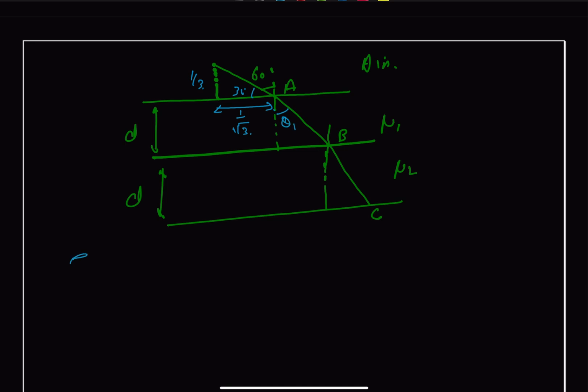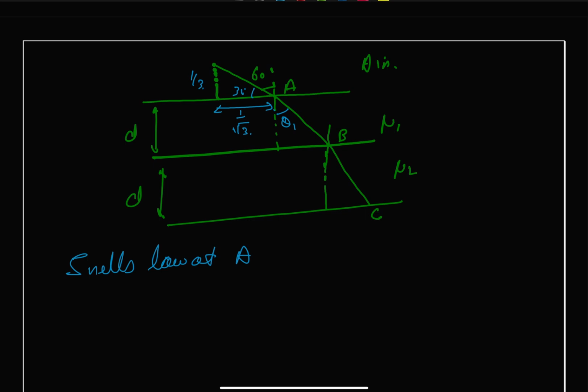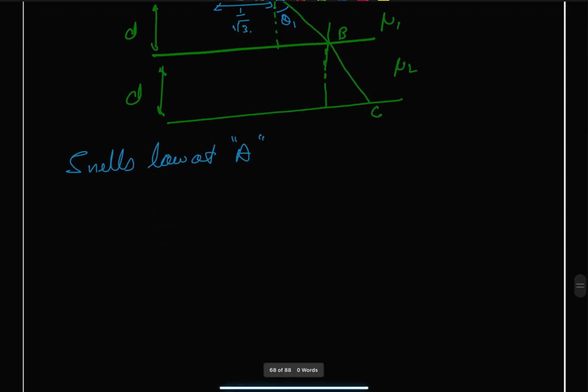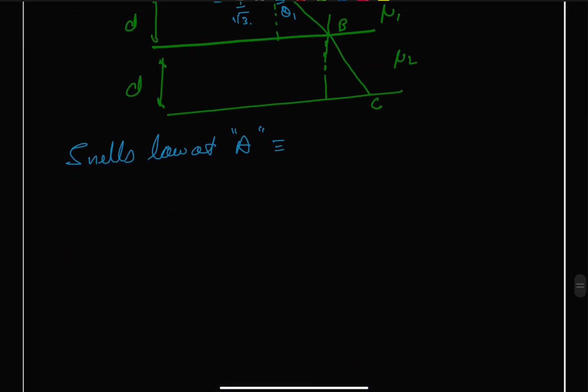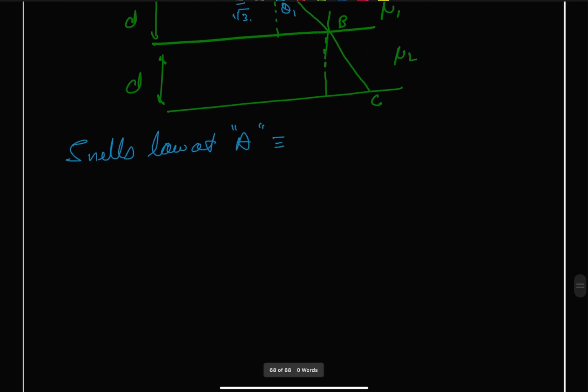Snell's law at A gives us, for air, let us call this mu3: mu3 sine of 60 is equal to mu1 sine of θ1.